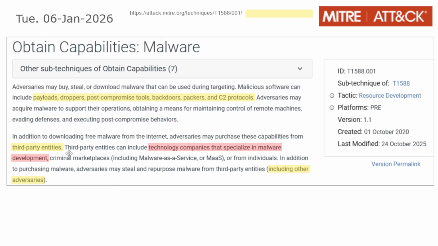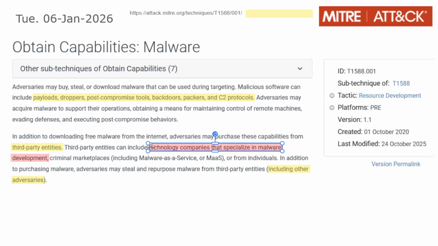So this whole sentence, third-party entities can include, and I'm doubting that right now, that you can buy malware from a company. If it's a company, it must be legal, right? So everything illegal is not considered a company.